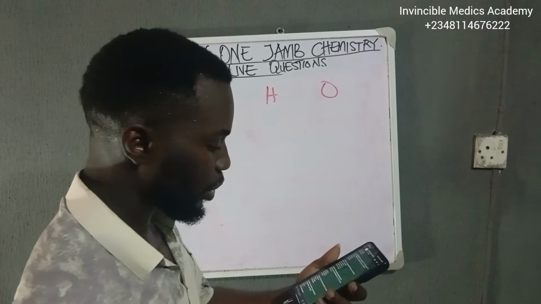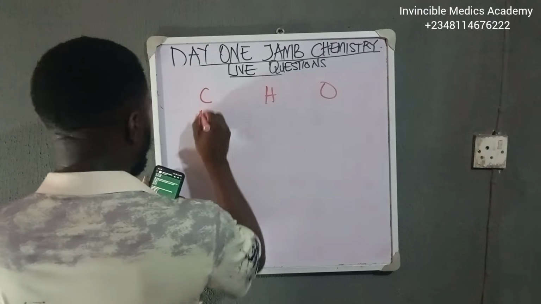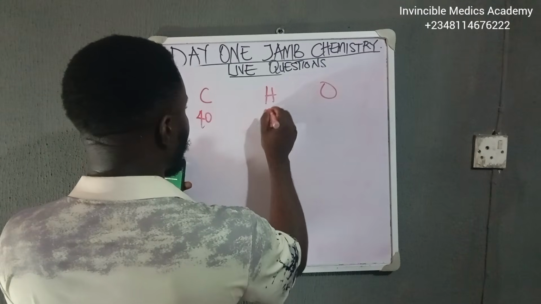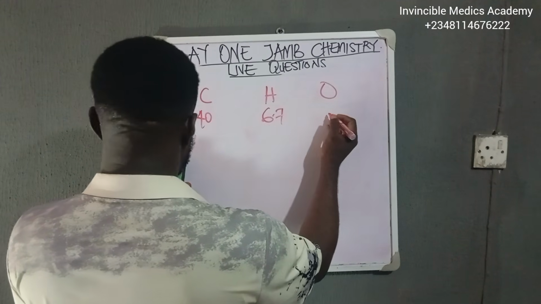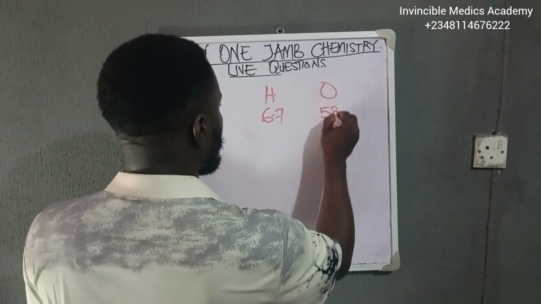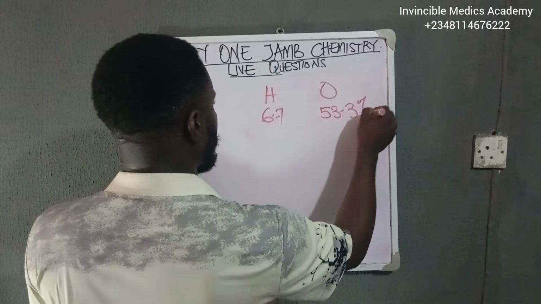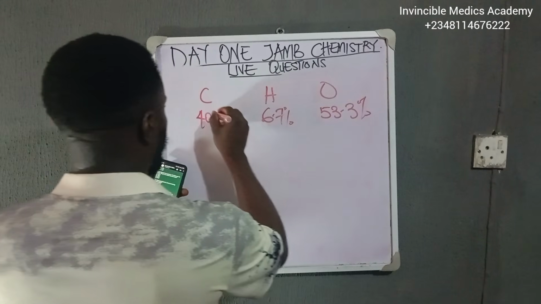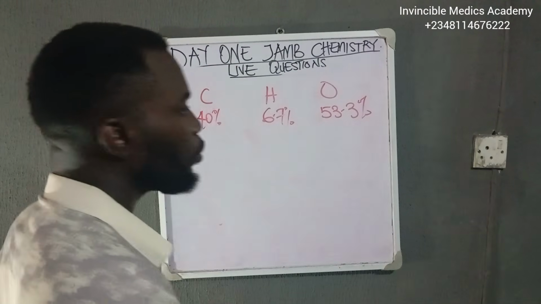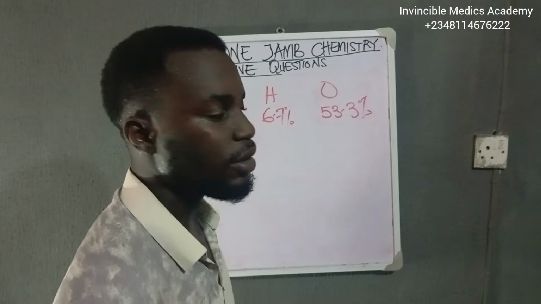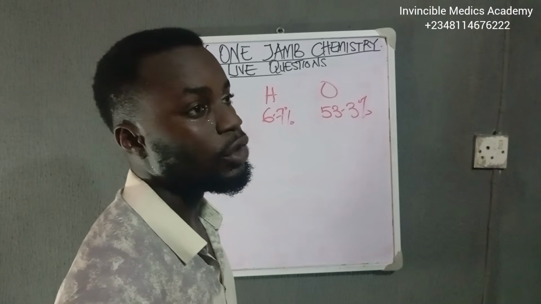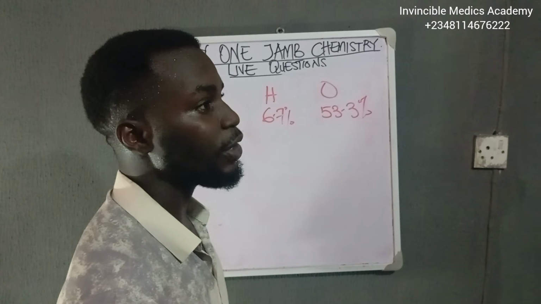Next thing, write out the percentages. You have 40%, you have 6.7%, and you have 53.3%. Now, divide through by their molar masses. It was not given in the question, so you have to know them. You have to know the molar masses of the first 20 elements.